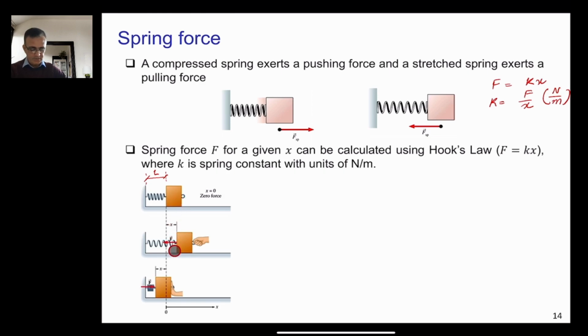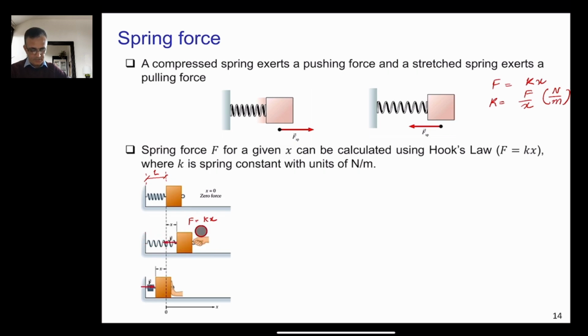Which is what we are doing here. In this case, if you apply this force on the spring and stretch the spring, and the stretch in the spring is x, then you will get a force on this mass, which is the spring force. And you can calculate this force from the equation F is equal to kx, which is Hooke's law, where k is the spring constant.